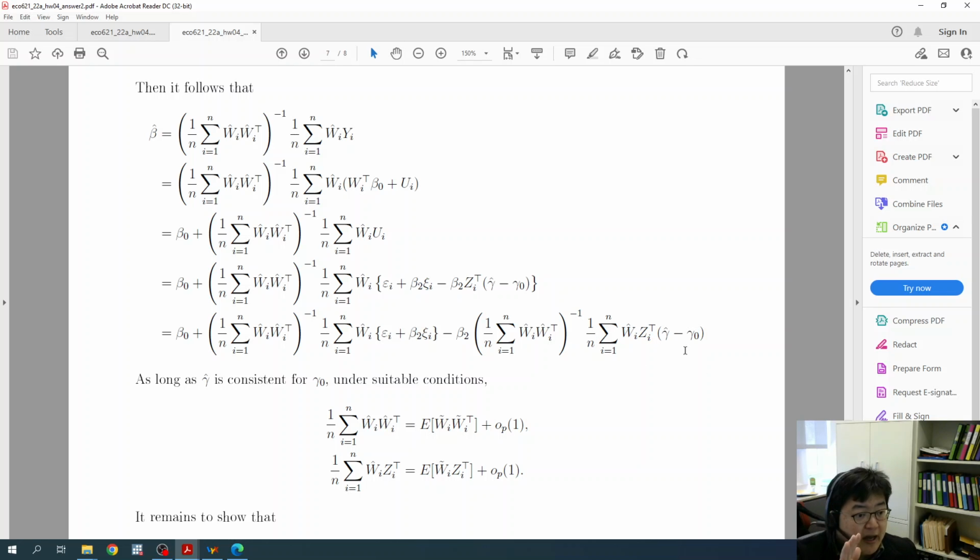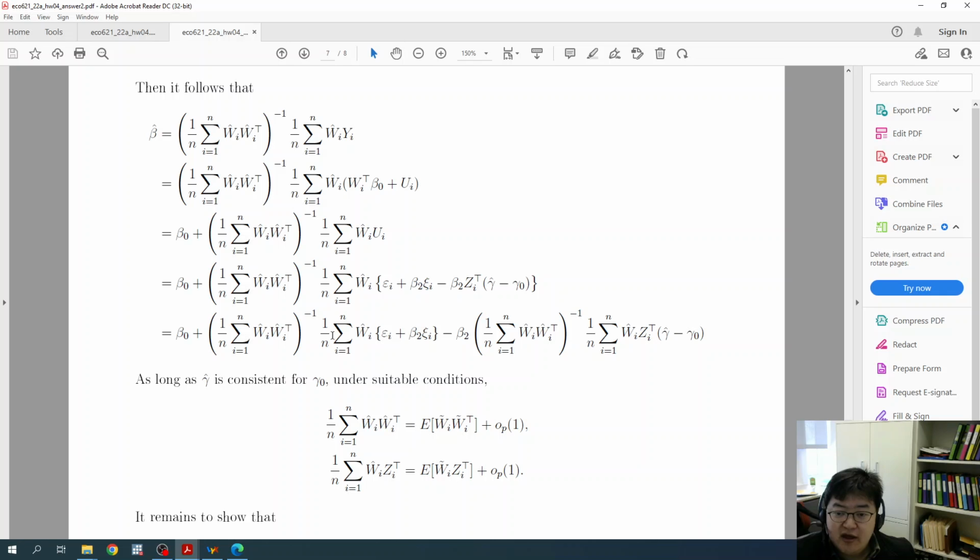Because gamma hat converges to gamma 0, W hat should behave accordingly. So these terms follow these rules, which is pretty straightforward, even though it's not a complete proof. But I believe you can show that using the previous results.